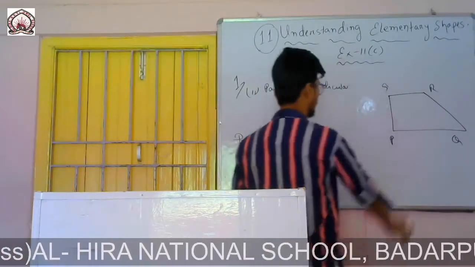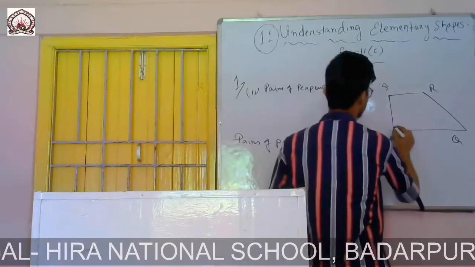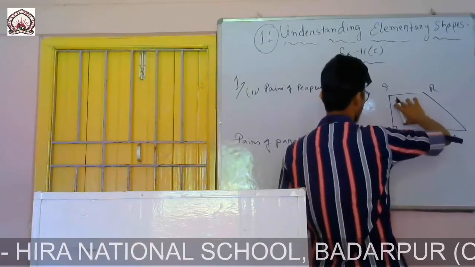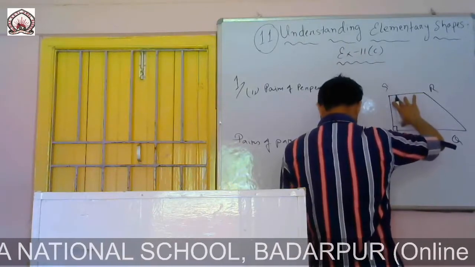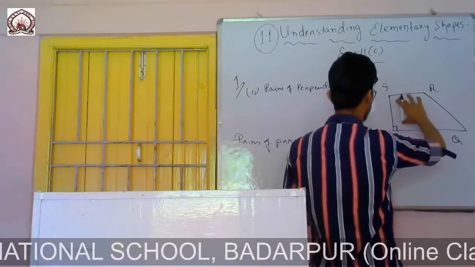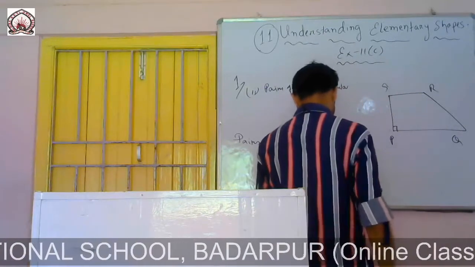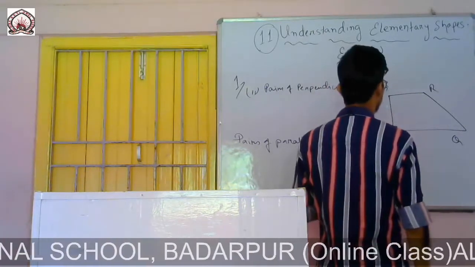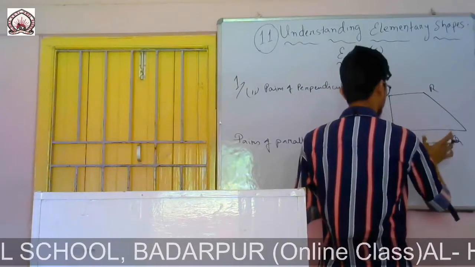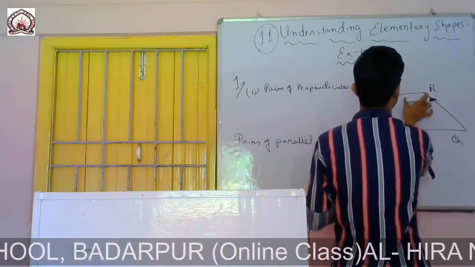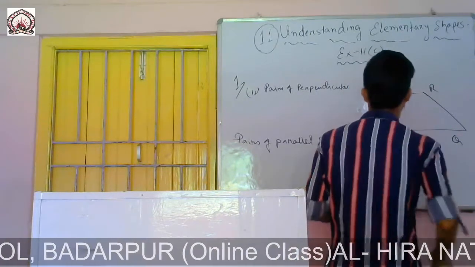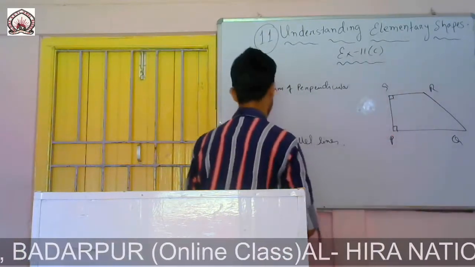So you have to write the perpendicular sides. You see this one: PS is perpendicular to PQ, and again this side SR is perpendicular to SP.